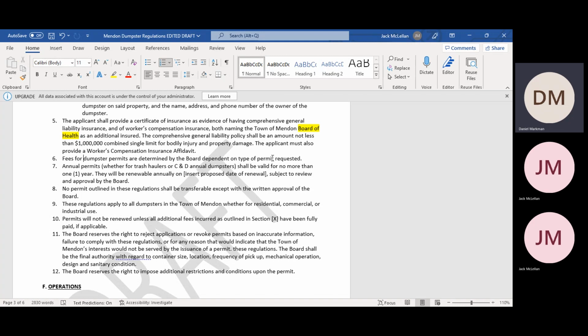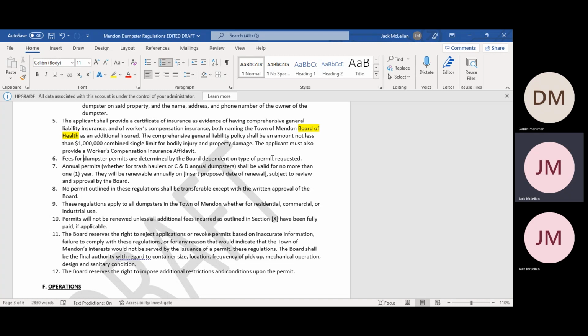But once a construction and demolition or trash hauler declares that they want to be able to provide an unlimited number, no, it doesn't really give you any control about how long they're staying. Once a hauler has applied for and been approved for an annual dumpster permit for C&D, they can issue as many C&D dumpsters for as long as they want anywhere.